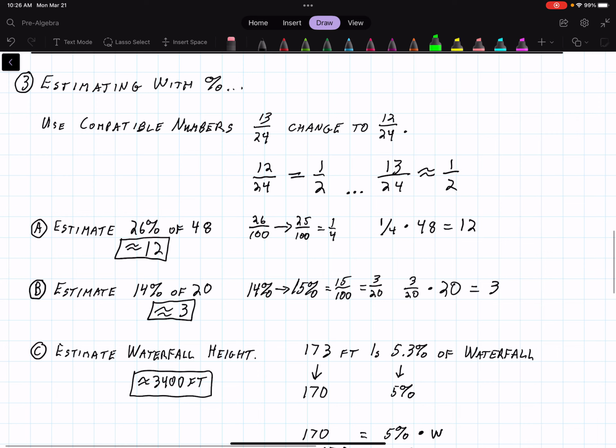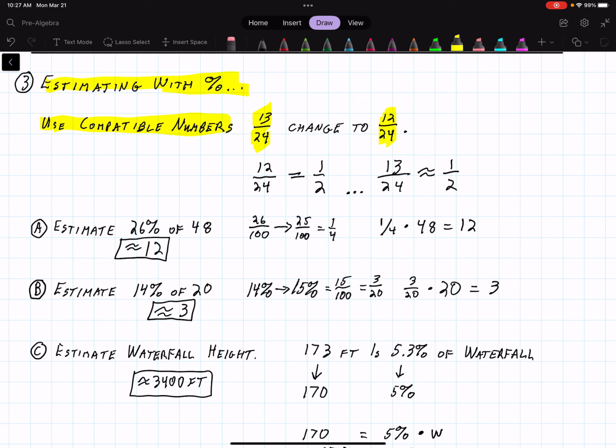Now let's talk about a little bit of estimating. When you have percentages and you're trying to estimate, a lot of times you can see some compatible numbers. For example, if I have this fraction, 13/24, and I'm willing to estimate, I can easily see that if I just change that to 12/24, those two numbers are compatible.